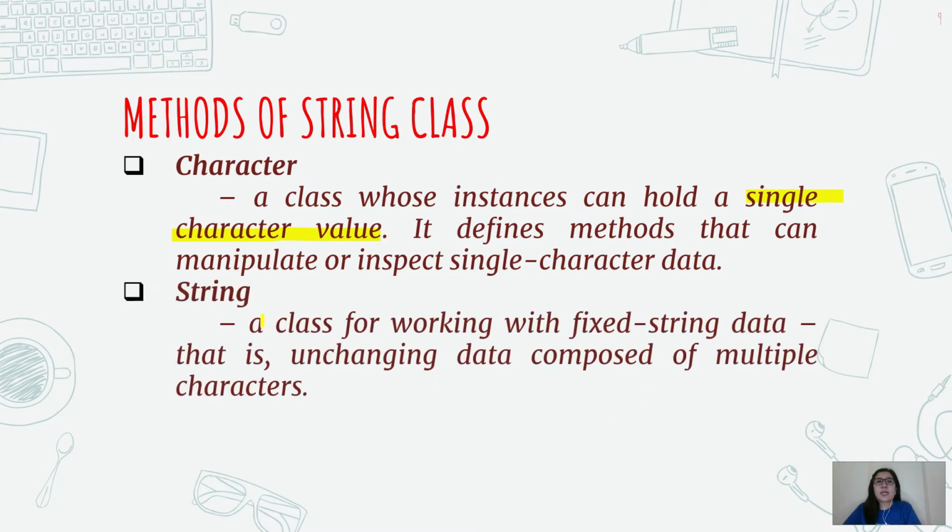For String, it is a class for working with fixed string data, that is unchanging data composed of multiple characters. So that is the difference between character and string. A character is just a single letter, while a string is a set of characters.